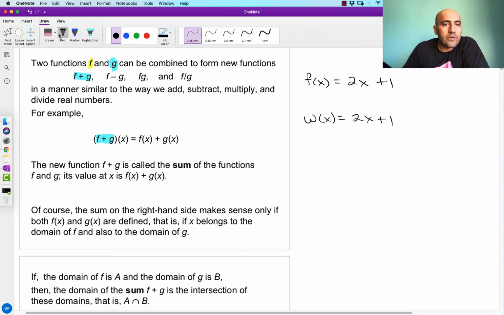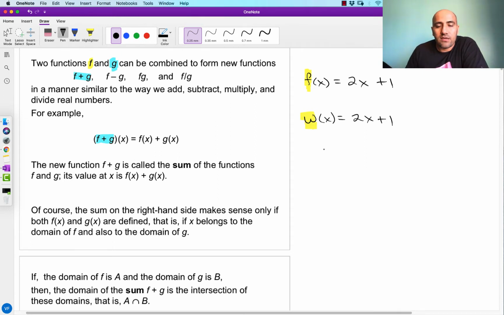And so when we get comfortable with this notation, we realize that this letter here is being used as the title of this function, right? The f function. Whereas in this case, I used the letter w. So we can use anything we want there. It's just that it would be a little bit more cumbersome if you use something more complicated, right?